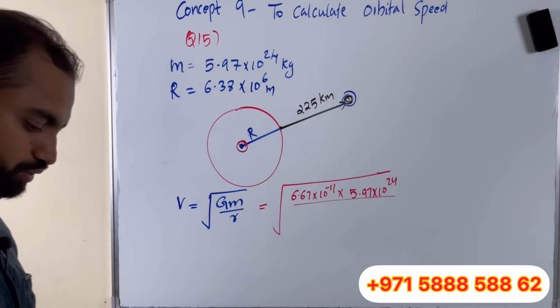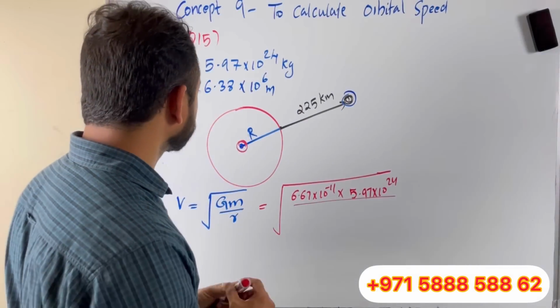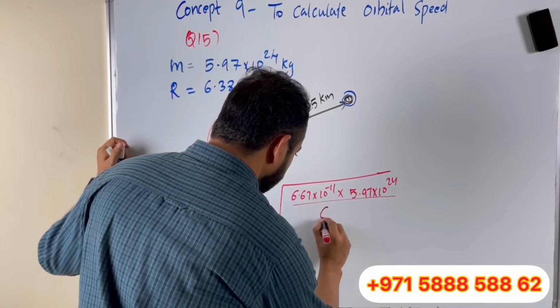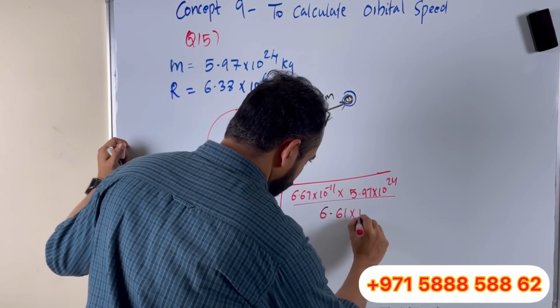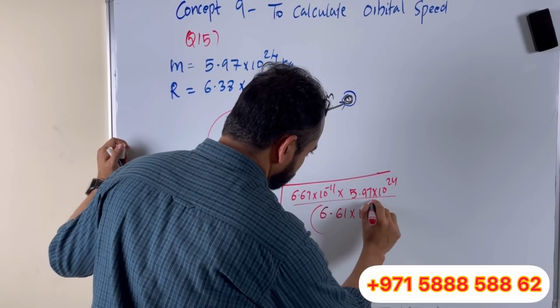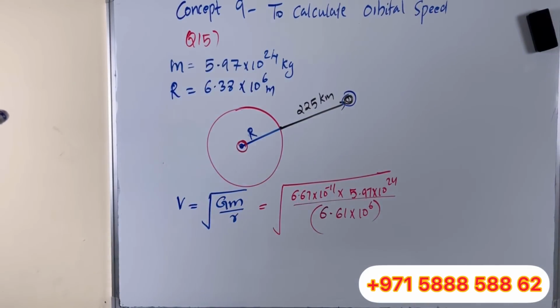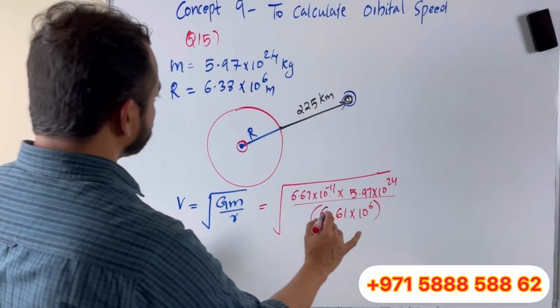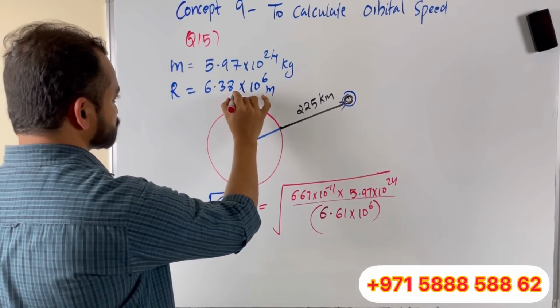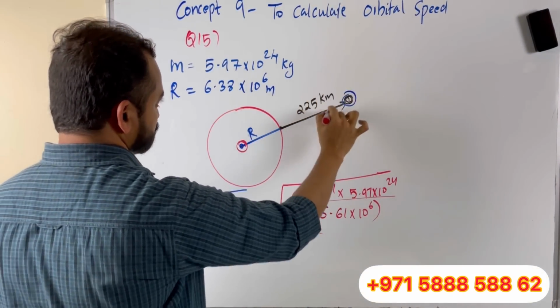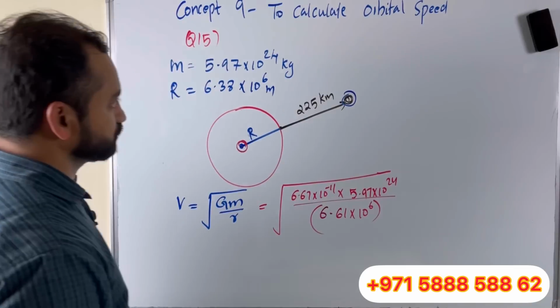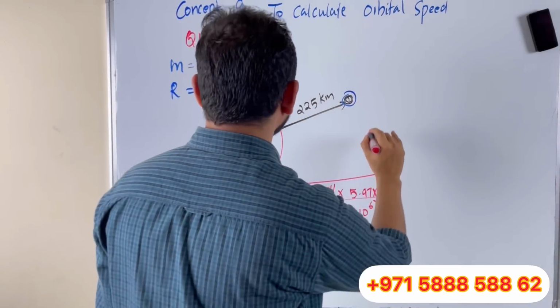That equals 6.61 times 10 to the power 6. That is the value of r. We added this radius plus this 225 kilometer.